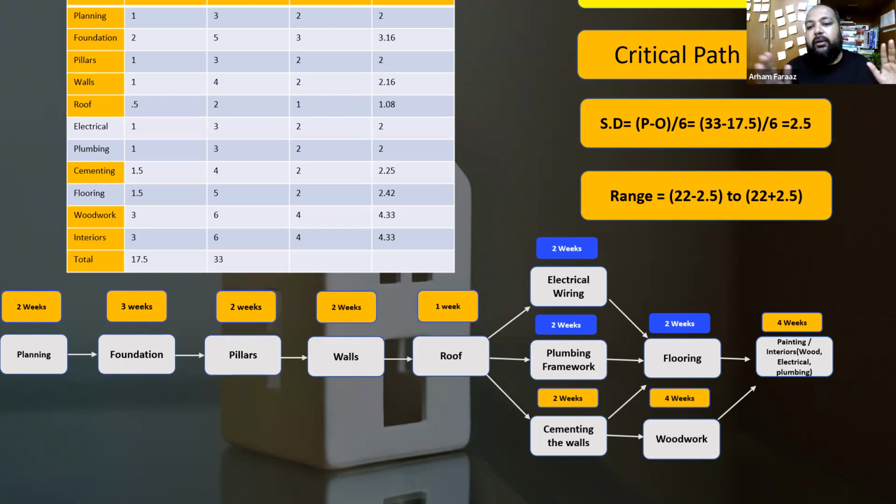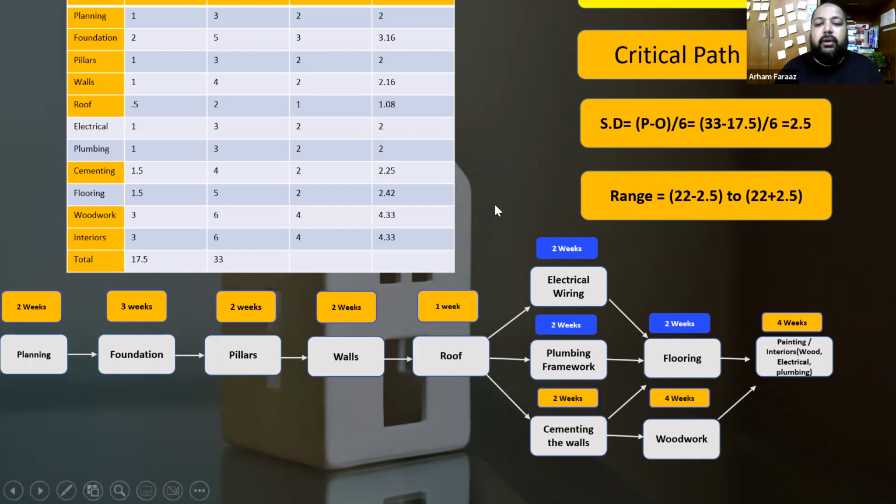The project could be completed between 19.5 weeks and 24.5 weeks, so the probability of doing the project in this range is higher. That's how the critical path is chosen, and beta distribution gives us the weighted average. We use standard deviation and then give a range. These are better estimates to ensure that we complete the project in a certain time. So those are the advantages of beta distribution.